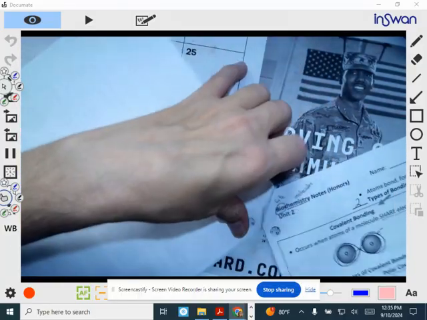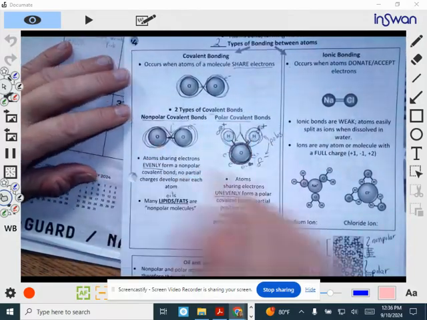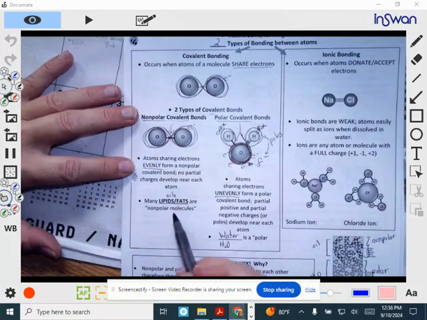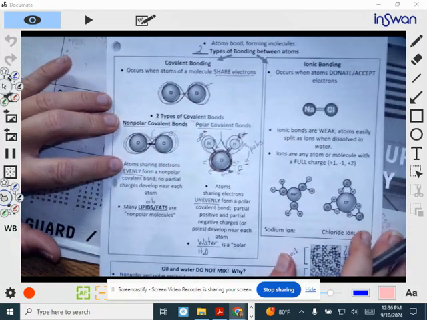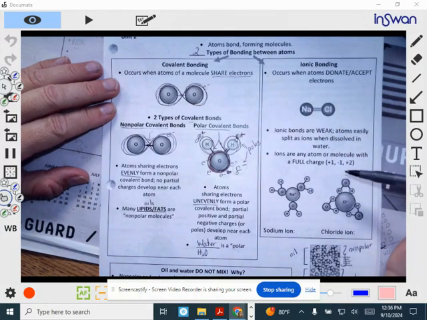Let's go back to page 1 of our notes real quick, because really I've just been talking about polar and nonpolar molecules. So let's now look at this other type of bond that can form between atoms.